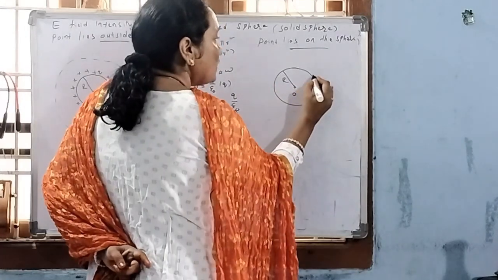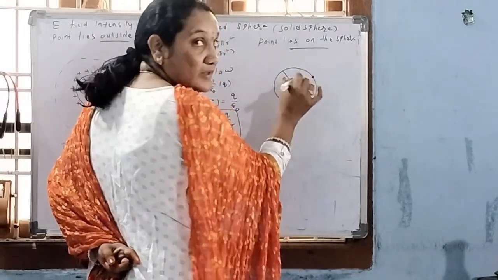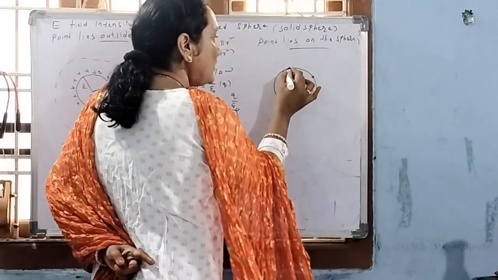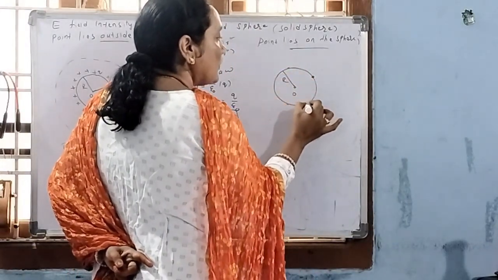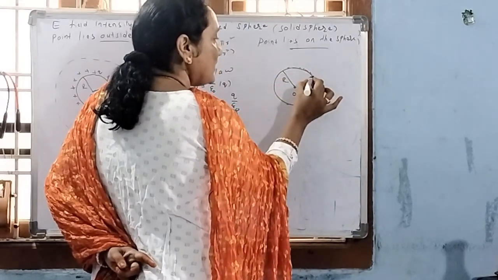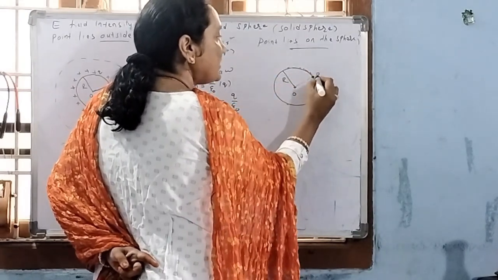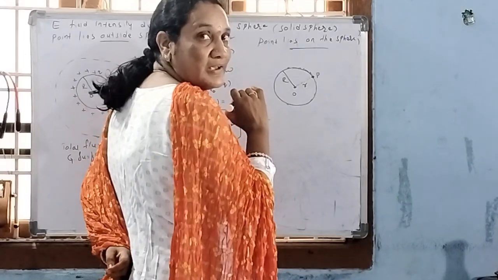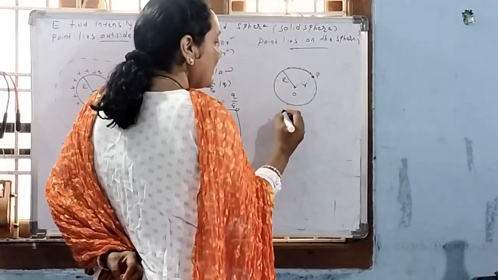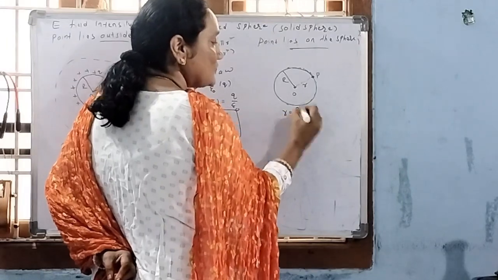Radius is R. Now the point is on the sphere. So the Gaussian surface will also be taken on the sphere only. And the distance of this point P from center O is R. So now here, by seeing the diagram, we are understanding r is equal to capital R.